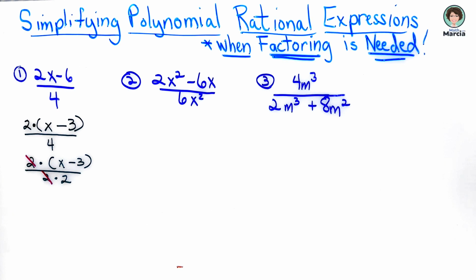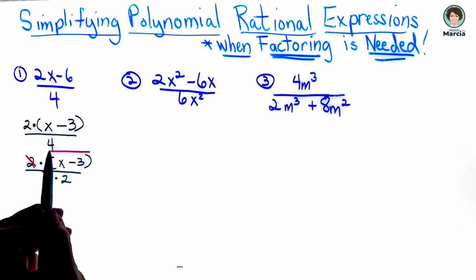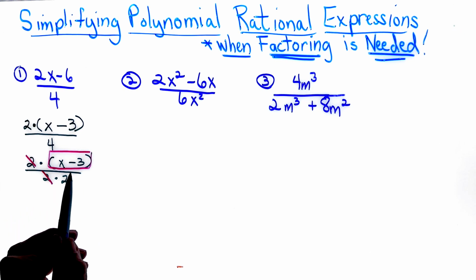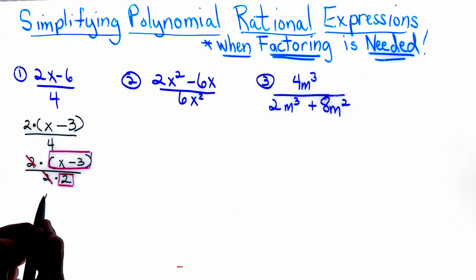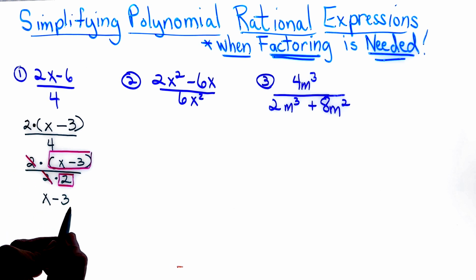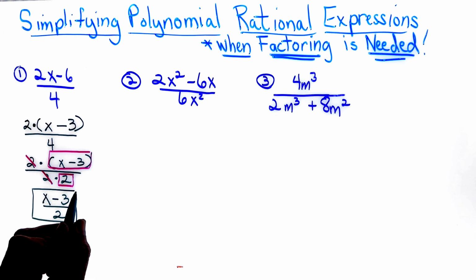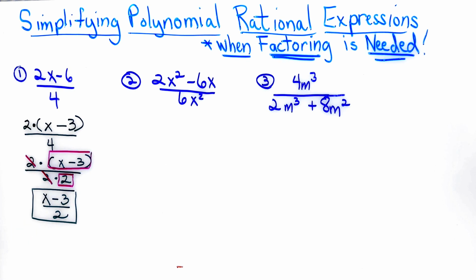They do cancel out. And what do we have left? For the numerator, we have an x minus 3. For the denominator, we have a 2. So our simplified form for that expression is x minus 3 over 2 in simplest form.